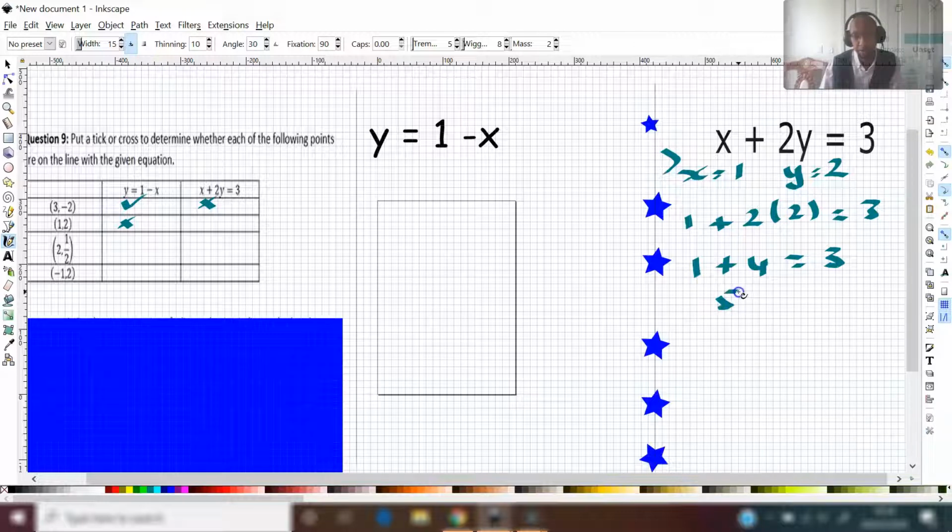So this would be 5 equals 3. Well, 5 doesn't equal 3. 5 is bigger than 3. So this would be an X.